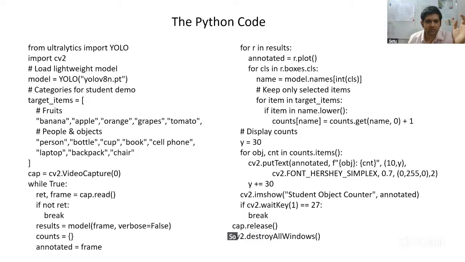This loop keeps on running until you press escape. If you see the last second line, there is if cv2 dot waitKey is equal to 27, so the loop will keep on running until you press the escape key.